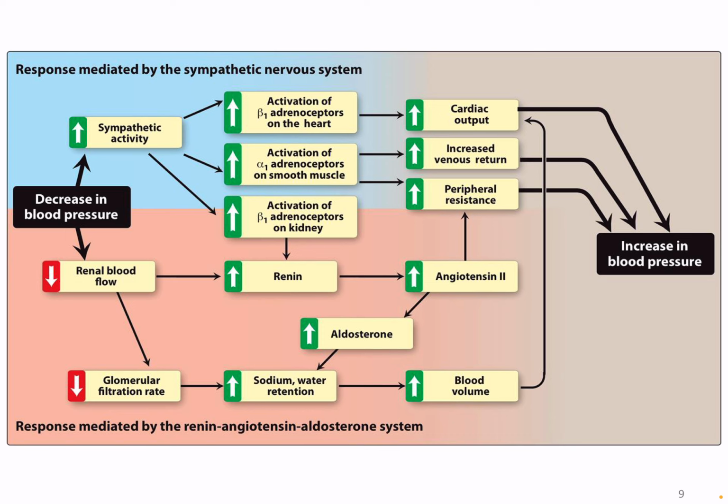Increased renin release is responsible for the formation of angiotensin 2. Angiotensinogen is synthesized in the liver, and it is converted into angiotensin 1, and then angiotensin 1 is converted into angiotensin 2.